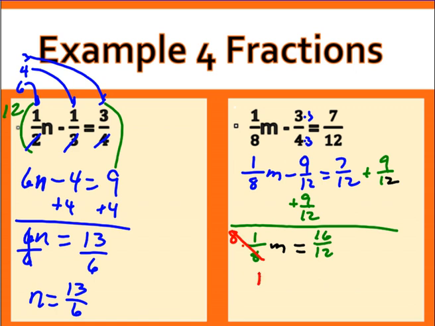That leaves me with just m over here. Multiply this by 8/1. And I can simplify. I can divide a 4 here and get 2. Divide a 4 here and you get 3. And you end up with 32/3. And that would be my answer.